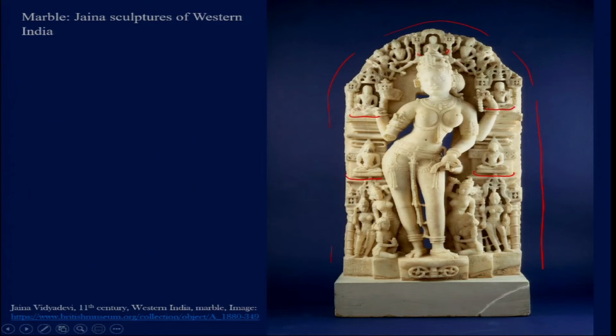So there are those Jaina Tirthankaras, and then there are the divine figures, and when we see that all of them are executed in marble, then the high significance of the white color in the Jaina context comes alive.